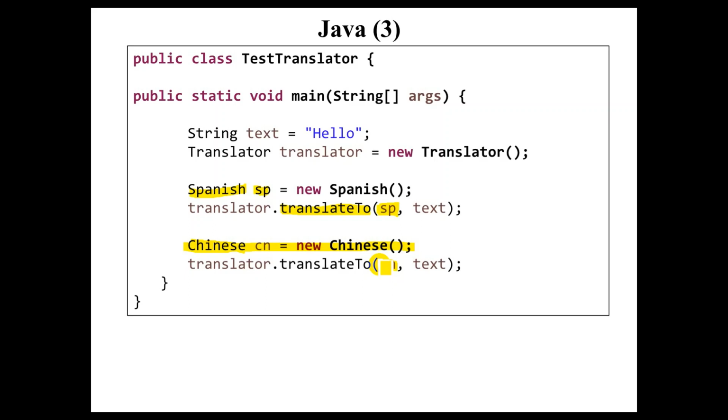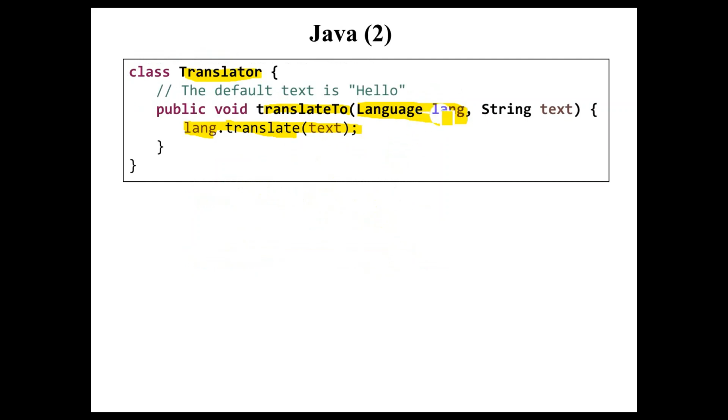Now when we call the first translate to with the Spanish object, the language lang object will become the Spanish object and it will call the translate API from the Spanish class.